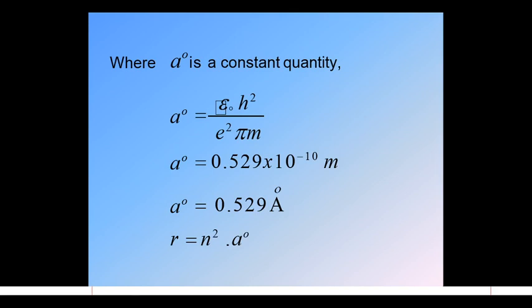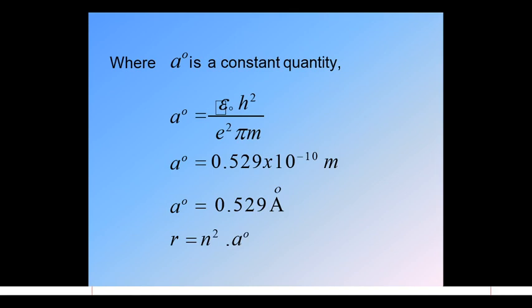Now you can calculate that Bohr's radius a0. Substituting all the constants, you find the value as 0.53 angstrom. So you can conclude the radius is r equal to n square into a0, with a0 equal to 0.529 angstrom or simply 0.53 angstrom.